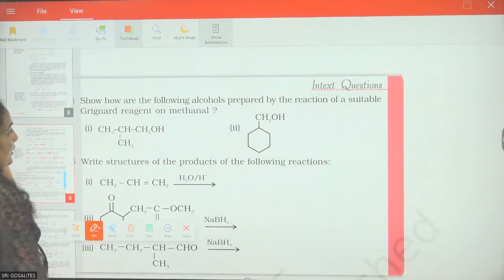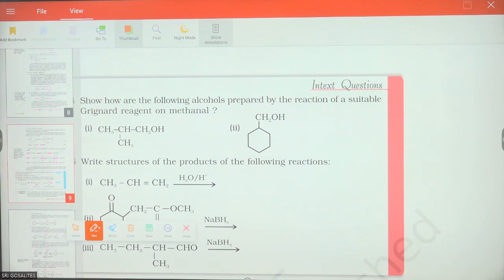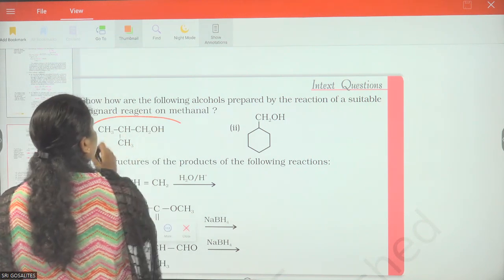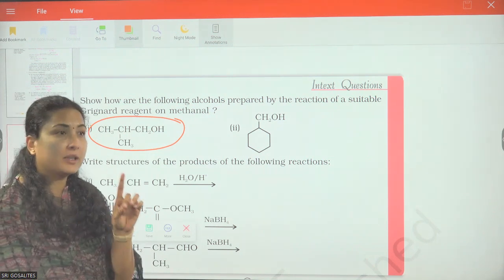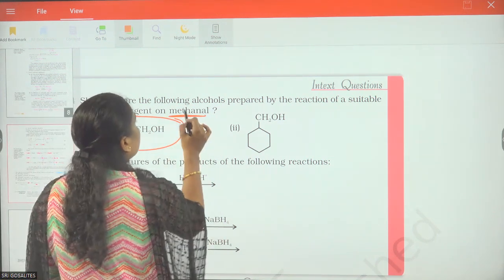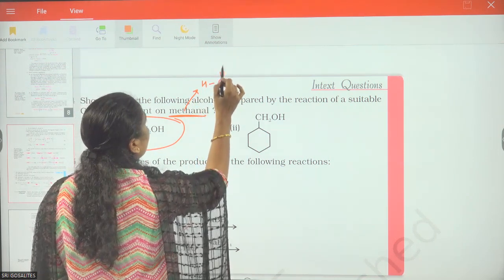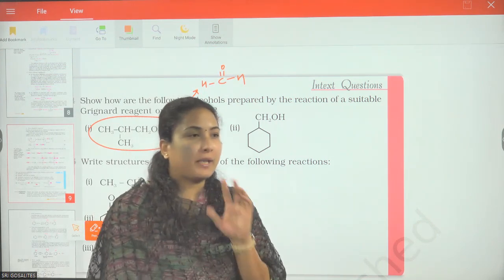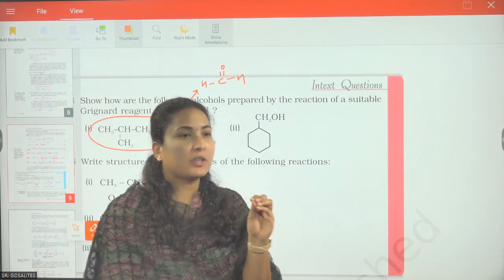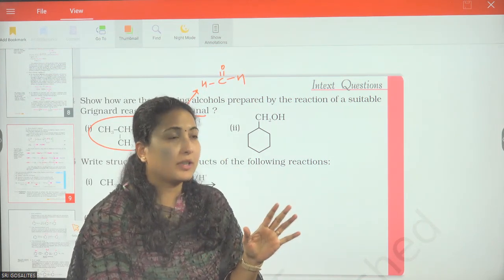What they've asked you is to prepare this alcohol, using a suitable Grignard reagent on methanal. Methanal means they have given you that this is basically your carbonyl compound. Do remember that if you have to make a primary alcohol, you always have to take which carbonyl compound? HCHO, that is your methanal.